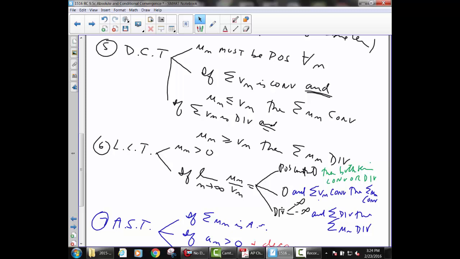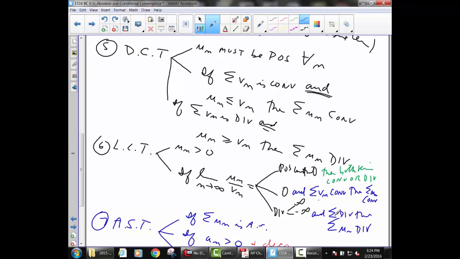If it gives infinity or negative infinity, and you were comparing it to a divergent v_n, there should be a v_n there, and summation v_n is divergent. So let me stick that in there.